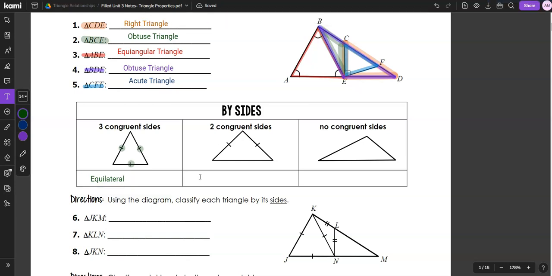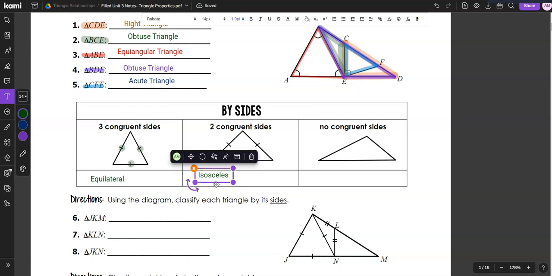Okay. Whenever we have 2 congruent sides, we call that an isosceles triangle. Okay. So equilateral, equi meaning equal, lateral meaning sides, equal sides. Isosceles, iso means same, skeles means legs, same legs.